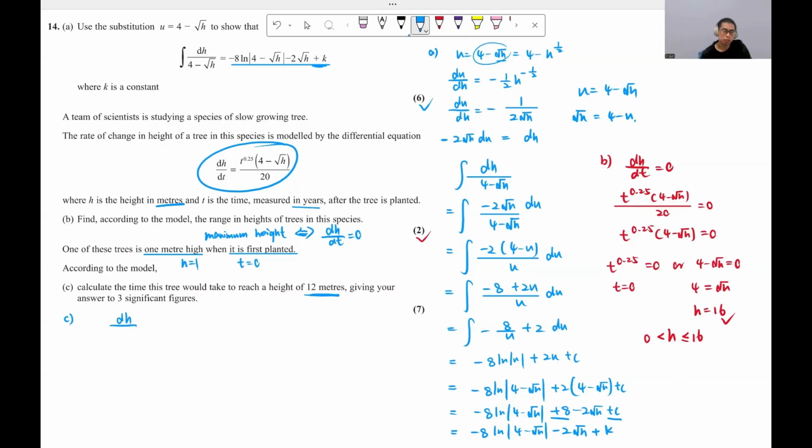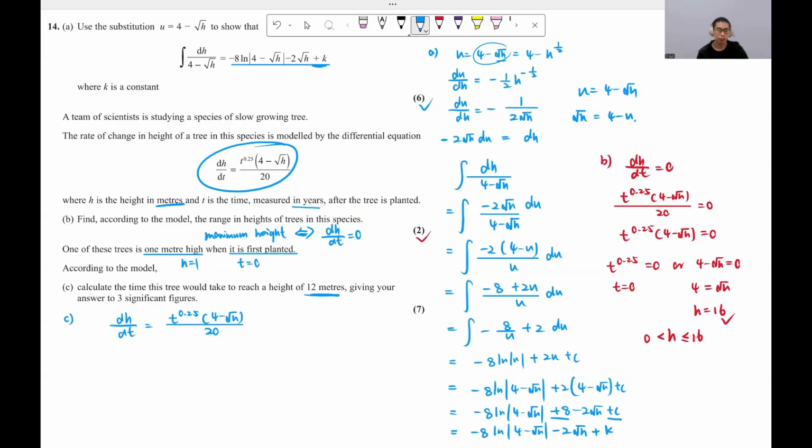So dh over dt is equal to t to the power 0.25 times (4 minus root h) over 20. If we're looking for h, we have to integrate that. Since we have h and t at the same time, that's a differential equation. We need to use separation of variables. Move all the h to one side and all the t to the other side.